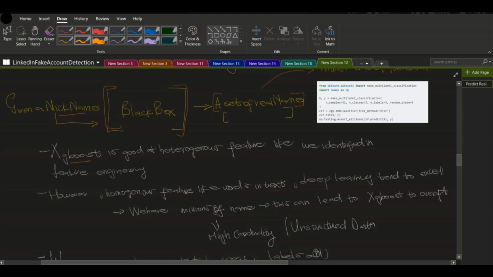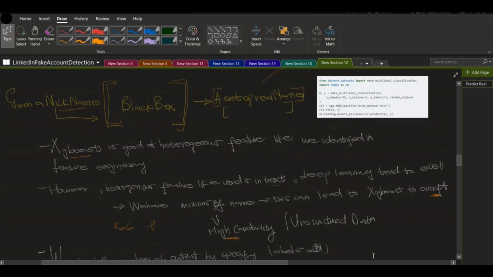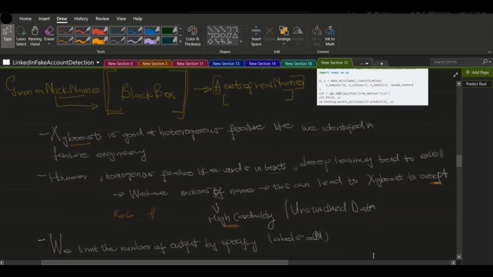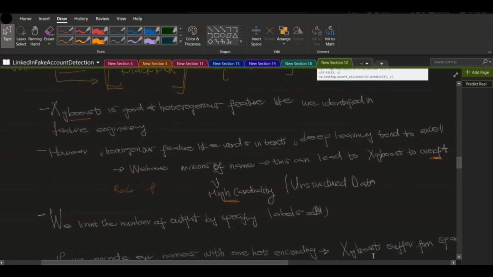You must also think that we have millions of names. There are so many names out there. So this could lead XGBoost to overfit because we have high cardinality. Remember that we have a set of names, like Robert, and the second row is going to be a different thing. So the model can have higher cardinality and can lead to XGBoost overfitting.